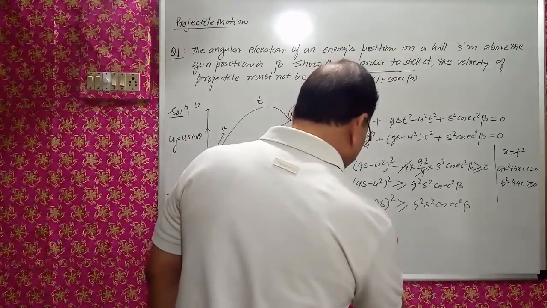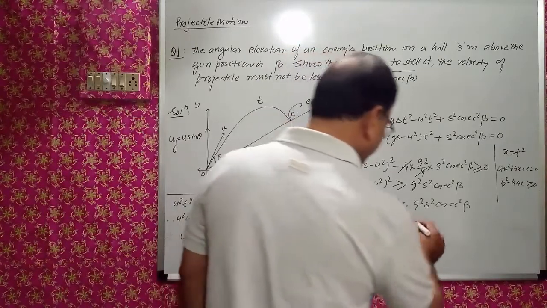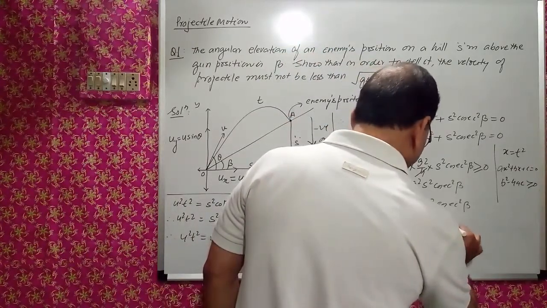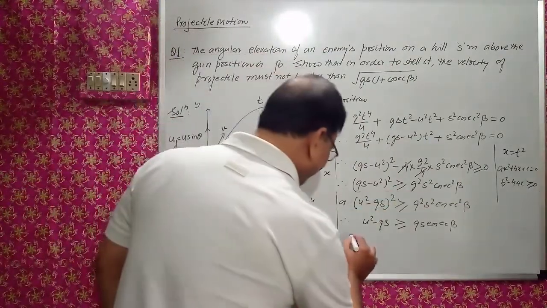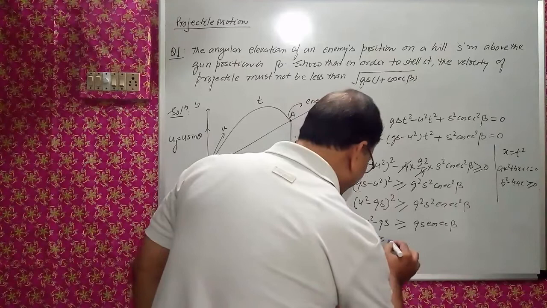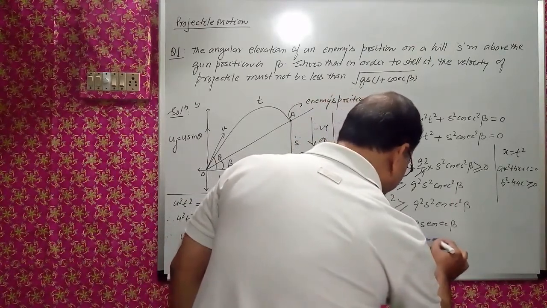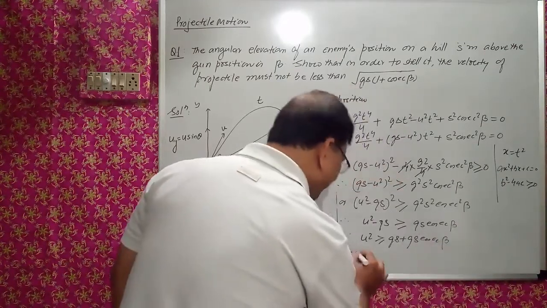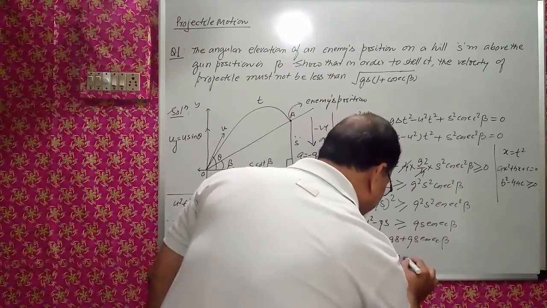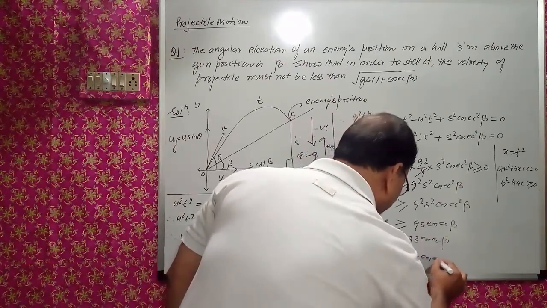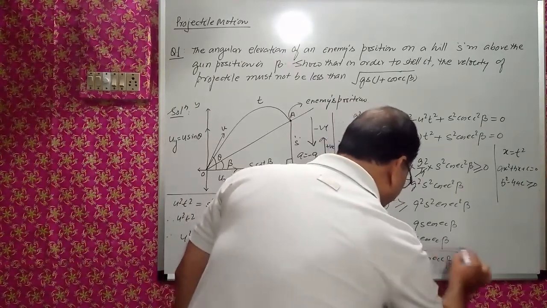So taking square root, u square minus gs is greater than or equal to gs cosec beta, isn't it? Now transfer gs to the right hand side, we will get u square is greater than or equal to gs plus gs cosec beta, and therefore taking square root again, u is greater than or equal to, taking gs common out of it, the square root of 1 plus cosec beta. So this was to be proved, and that we got.